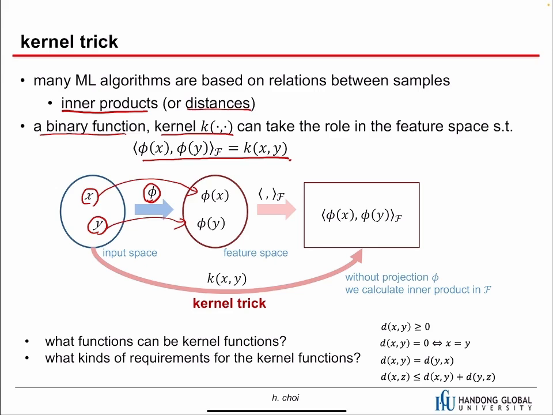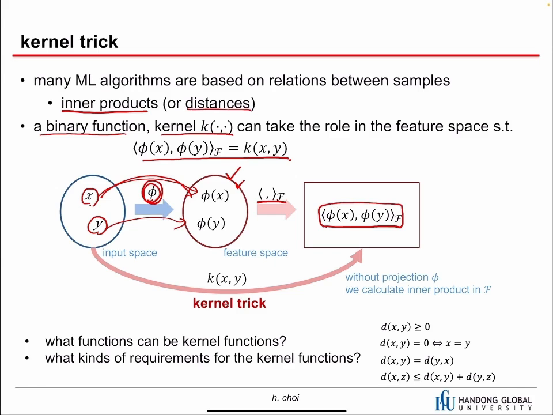Okay, so since we transformed these samples to the feature space, now what we need is an inner product in this feature space. So after mapping based on the phi, then we have to apply the inner product. So then what we need is inner product in the feature space. Okay, and this one is actually a scalar.